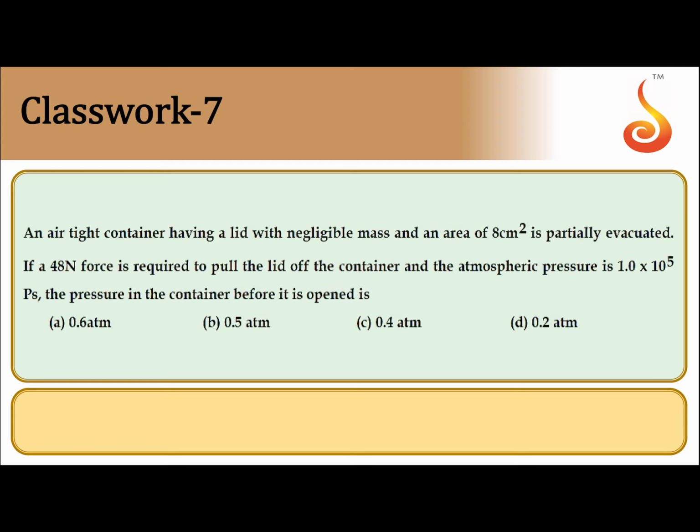Example 7. An airtight container having a lid with negligible mass and an area of 8 cm square is partially evacuated. If a 48 Newton force is required to pull the lid of the container and the atmospheric pressure is 1 into 10 to the power of 5 pascals, then the pressure in the container before it is opened is?